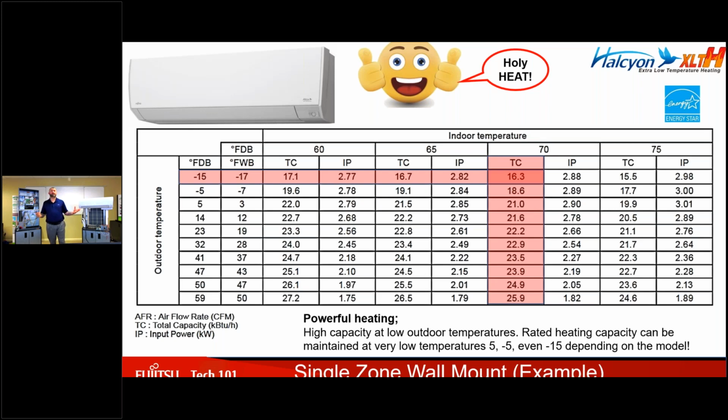And the best thing about it is, when compared to our competition, all of our extra low temperature heating units have the base heater, have the upgraded fan with the metal blade to protect the fan. Most of those things are the reasons why we are able to get those high efficiencies at those lower temperatures.